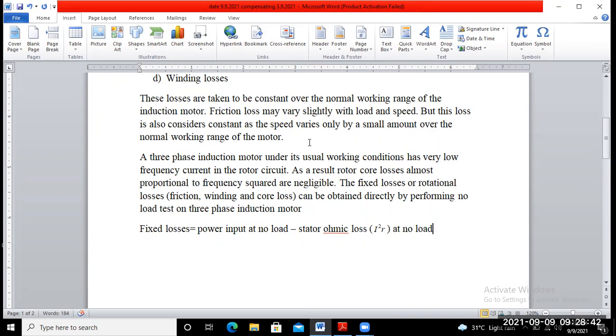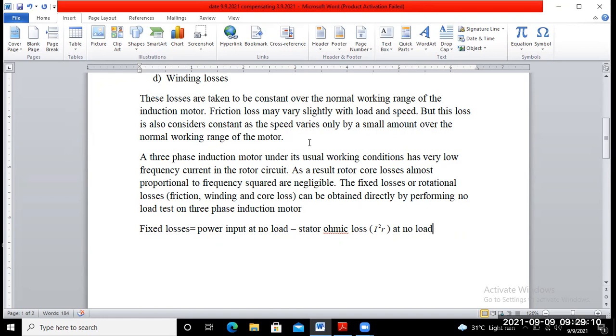What components consist in fixed losses and how can we find out the fixed losses? If you perform the no load test on the three-phase induction motor, then whatever input power is taken from the supply, just subtract the stator ohmic losses or I square R loss, and then you will be able to find the fixed losses. Is it not?